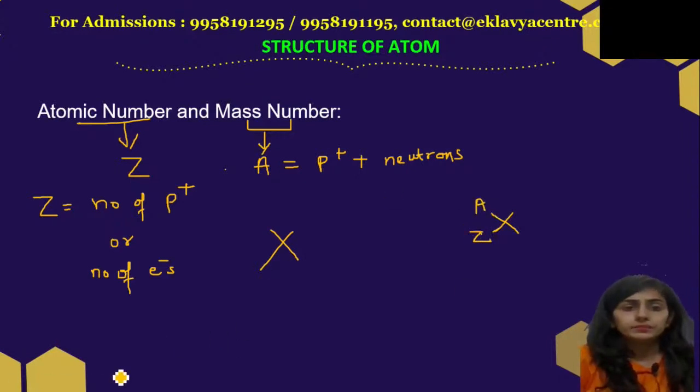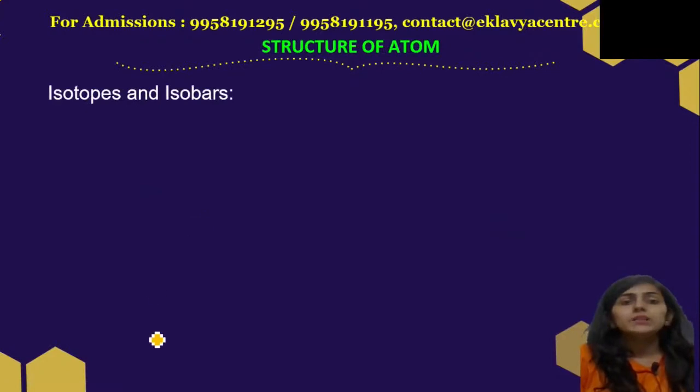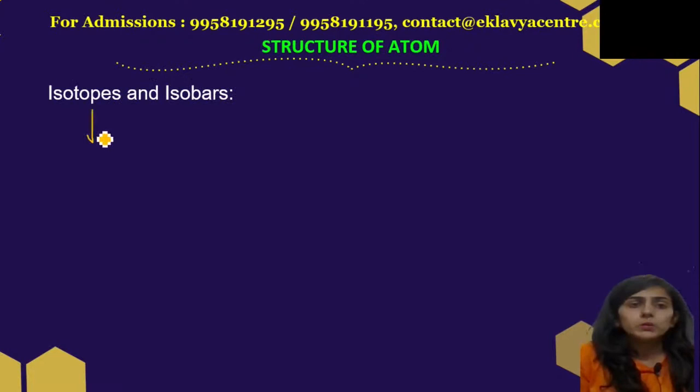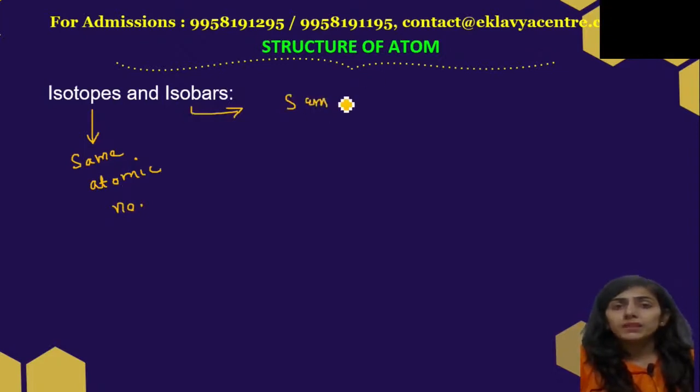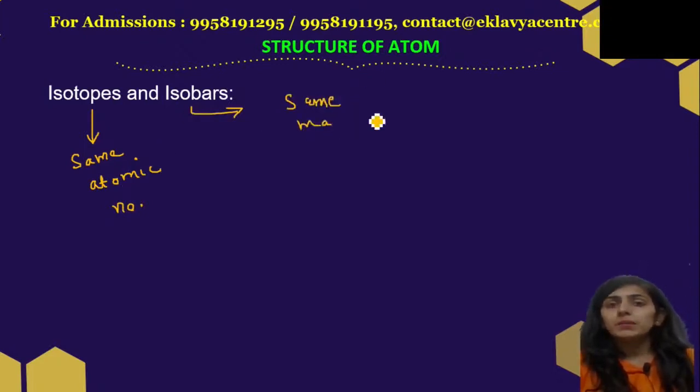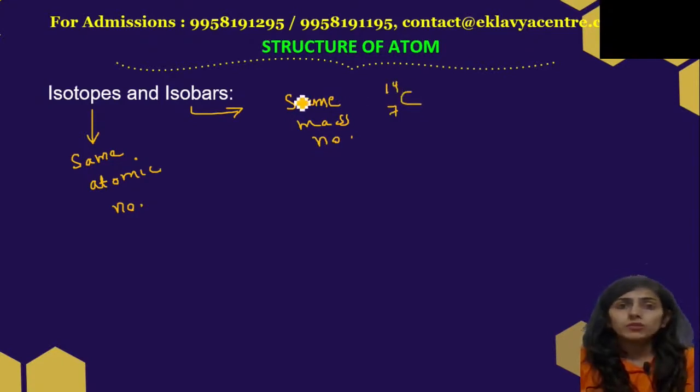Next, we have isotopes and isobars. This also you must have studied, right? What are isotopes? Those which have the same atomic number, that is the same number of electrons and protons. Isobars are those which have the same mass number. Let us discuss examples also. Suppose we have carbon 6, 14 and nitrogen 7, 14.